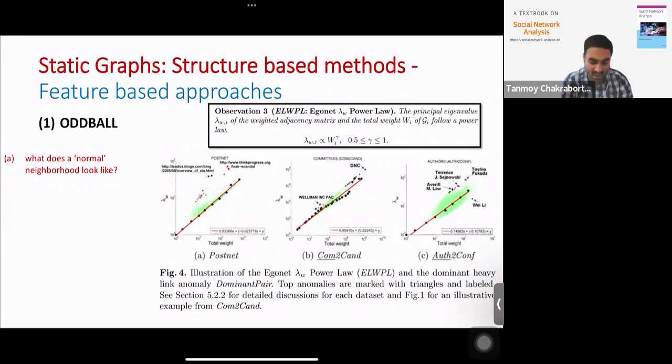For every ego network, you first draw the weighted adjacency matrix. You determine the principal eigenvalue, the largest eigenvalue, and then you plot this against the total weight, then do the same thing: fit, and look at abnormal points.